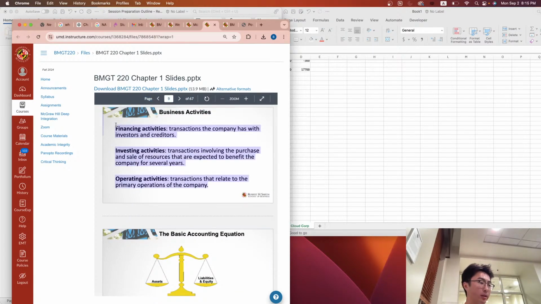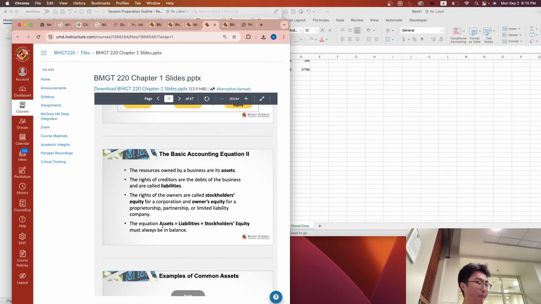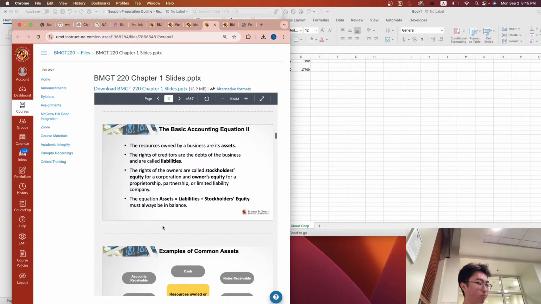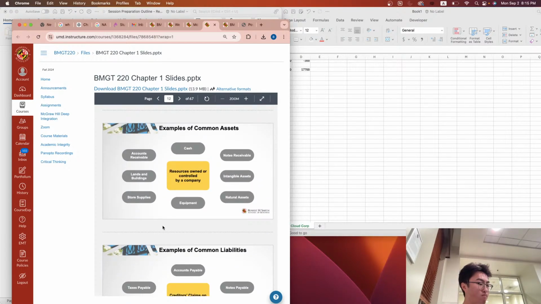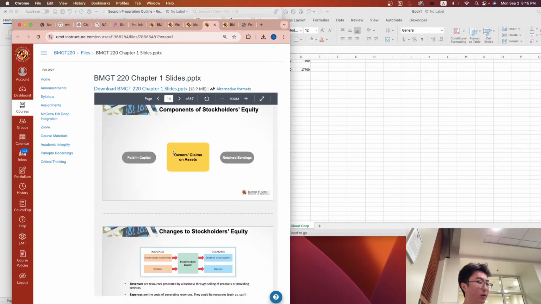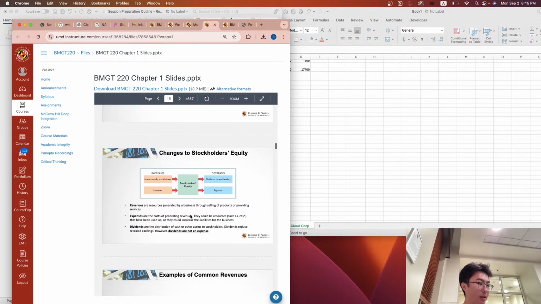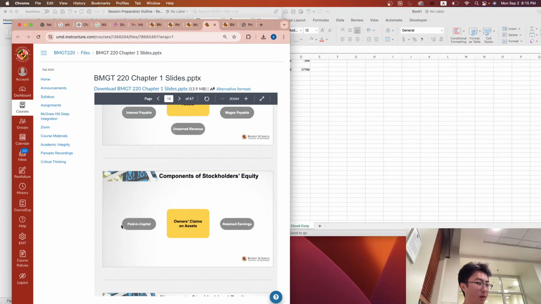Okay, so this probably has to do with the cash flow statement. Owner's claims on assets, retained earnings, paid in capital. Yeah, so I think this account refers to owner-issued stock.